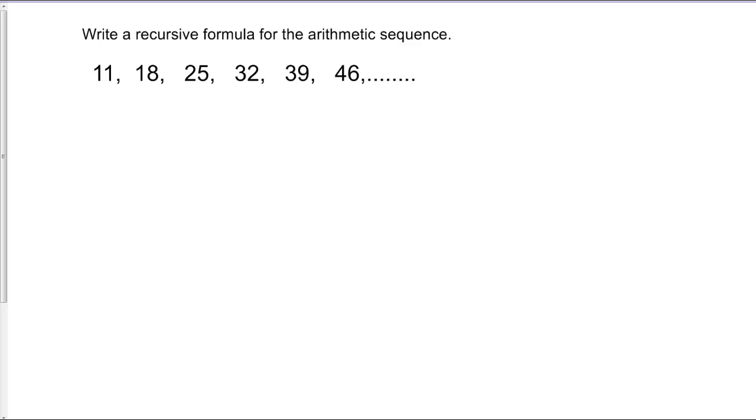So now we're going to write a recursive formula for this arithmetic sequence, and many times a recursive formula is easier in this case to write than the other. Remember, our recursive formula is based on the fact that we're writing for an nth term and using the previous term to get there. Well, if I look at this pattern, you'll notice that we just have a difference of 7 all the way through.